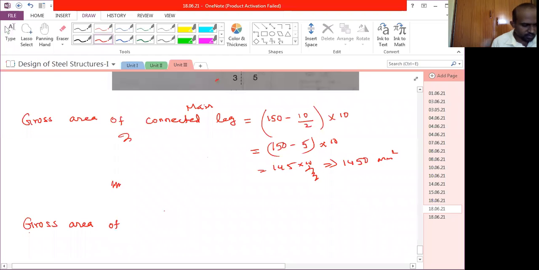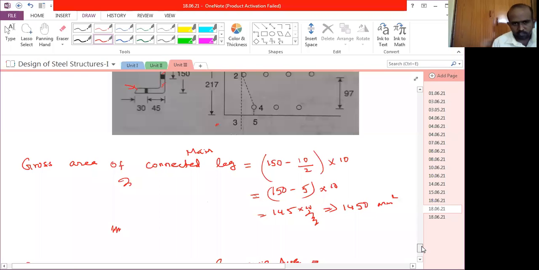We have already calculated the connected leg; now we are calculating the outstanding leg of the main angle. What is the dimension of the outstanding leg? It is 75 mm.